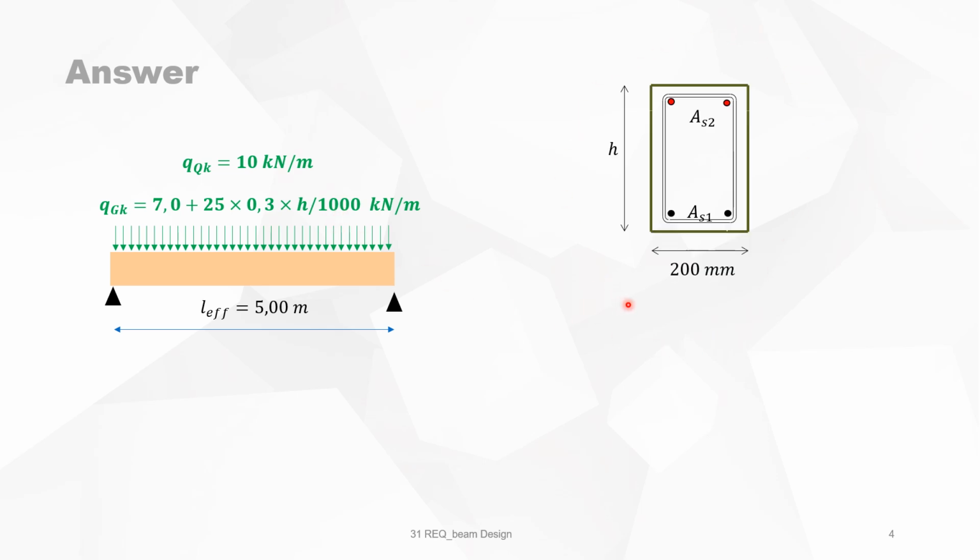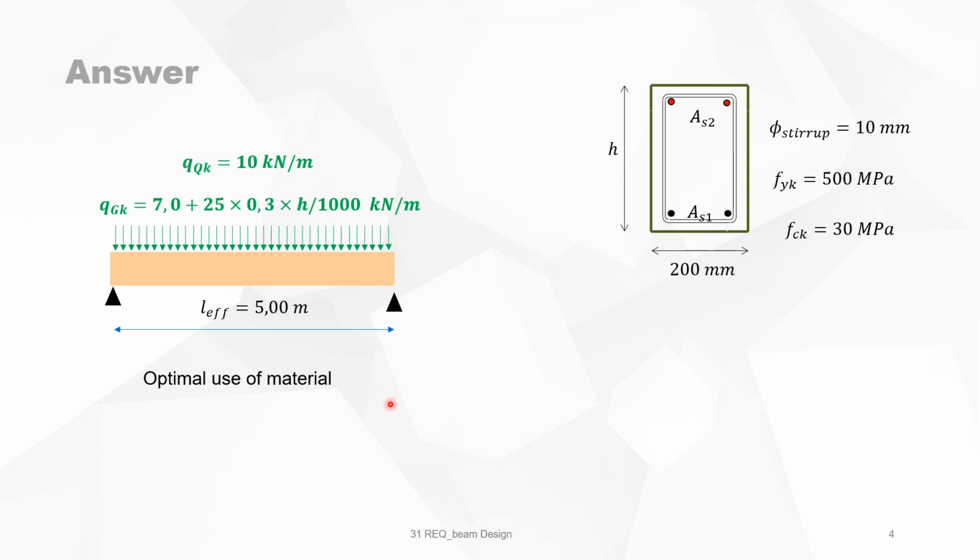From the beam, what we know is the width, and we know the tensile reinforcement. We ignore the compression reinforcement, and we are looking for the total depth of the beam. The diameter of the stirrup is 10. The steel quality is 500 megapascal, and the compressive strength of the concrete is 30 megapascal.